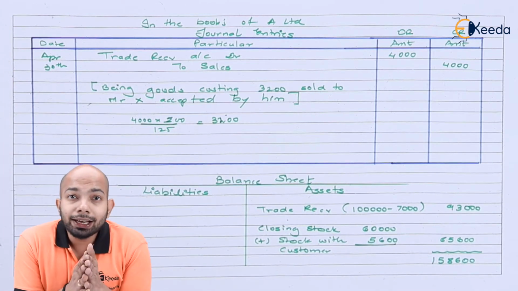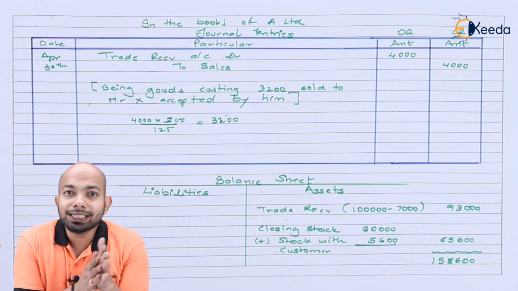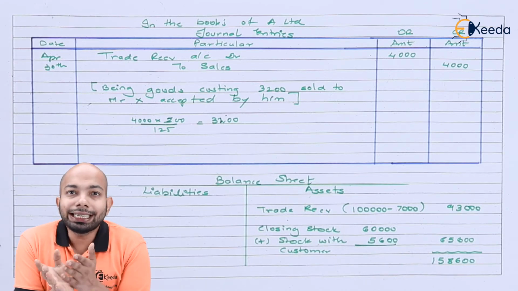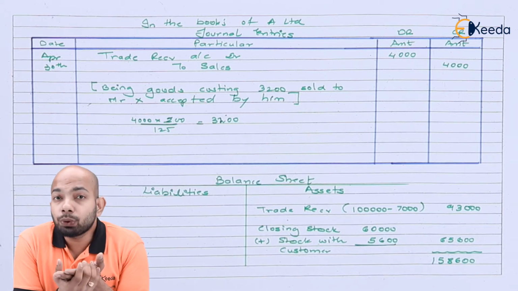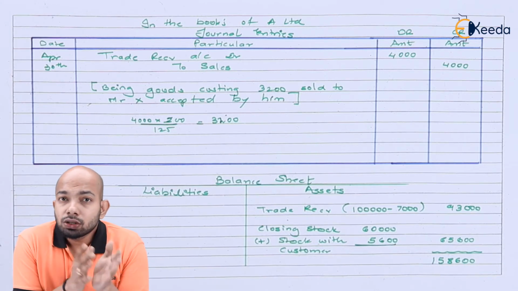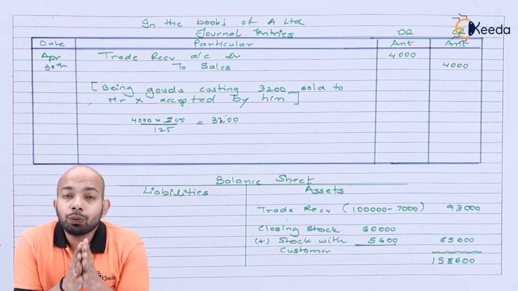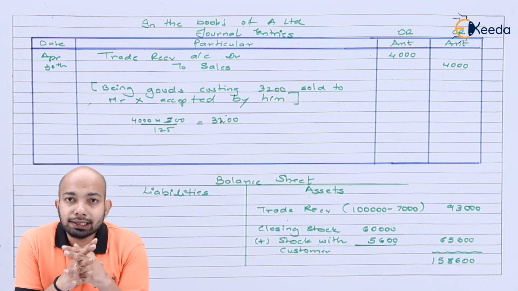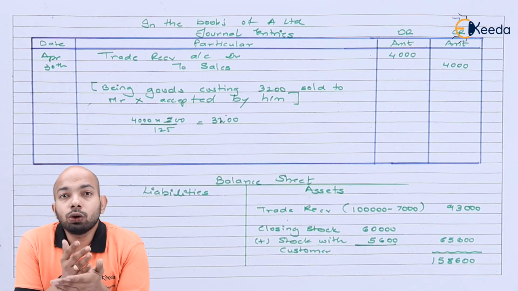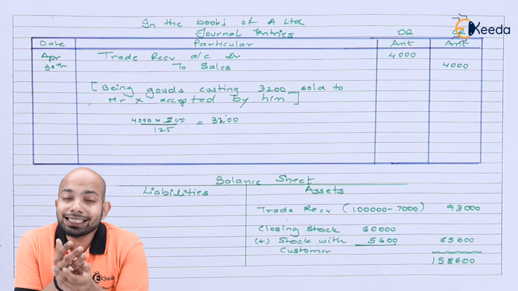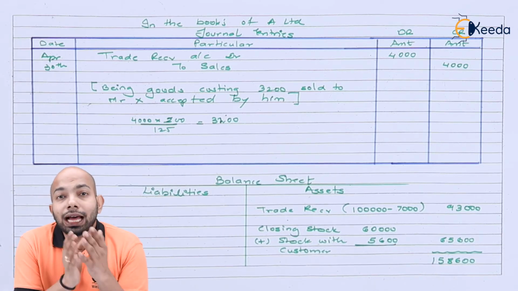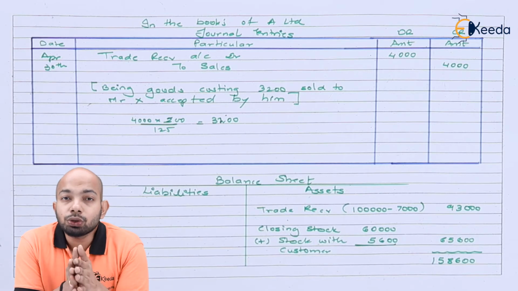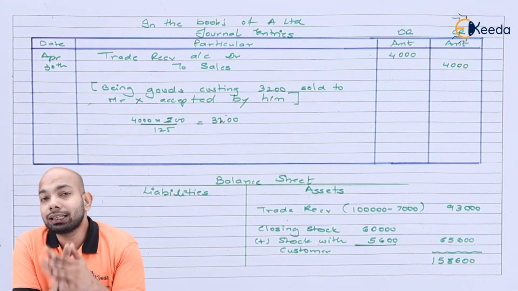If you can see in the balance sheet, the position of trade receivables and closing stock has been mentioned. Trade receivables clearly says that out of 1,07,000 was supposed to be mentioned for the previous year. So the balance sheet for the current year will have only 93,000 as trade receivables, and the closing stock, which was valued at 60,000, you have to add another 5,600 to it, as that was the stock that is still with the customer.